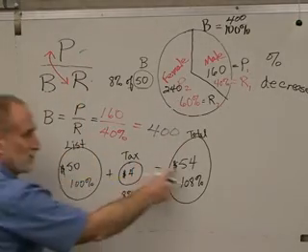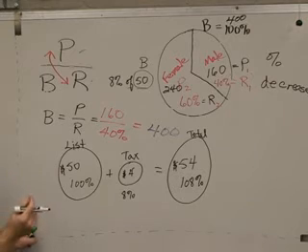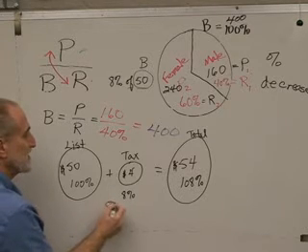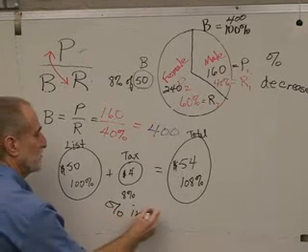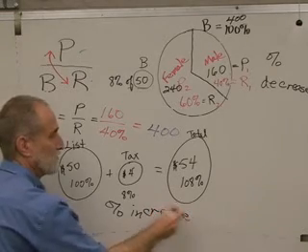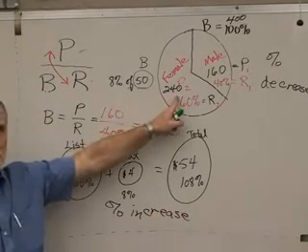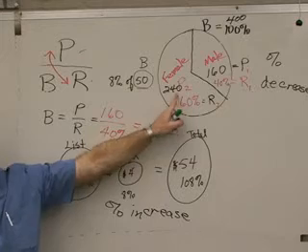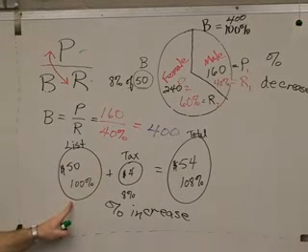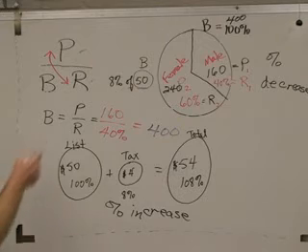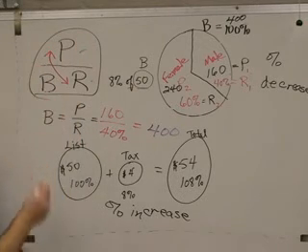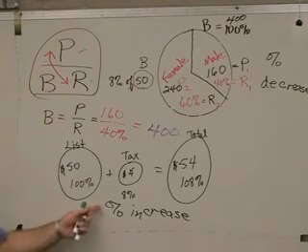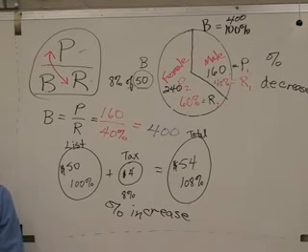When 50 goes up to 54, that's an 8% increase. Okay. So this picture is what percent decrease looks like. This picture is what percent increase looks like. But PBR will work all of these problems without thinking about percent increase or percent decrease. Questions or comments?